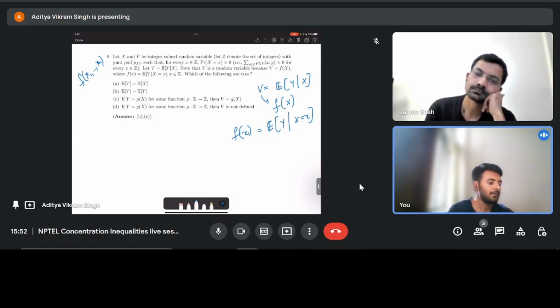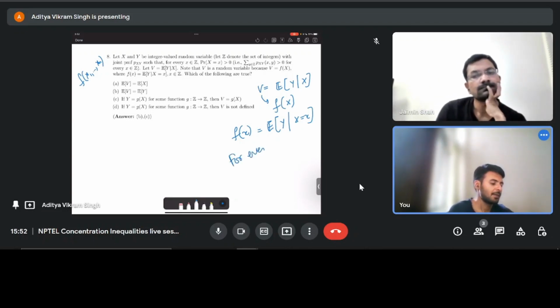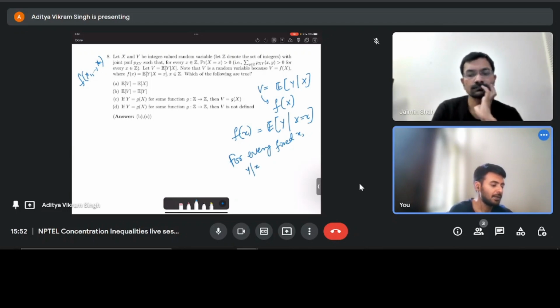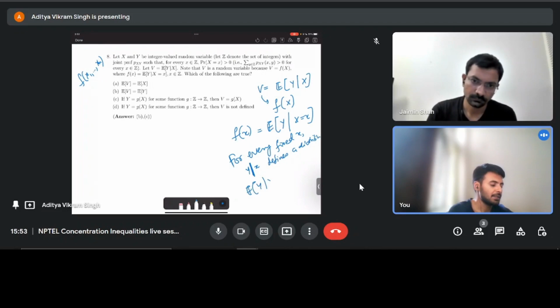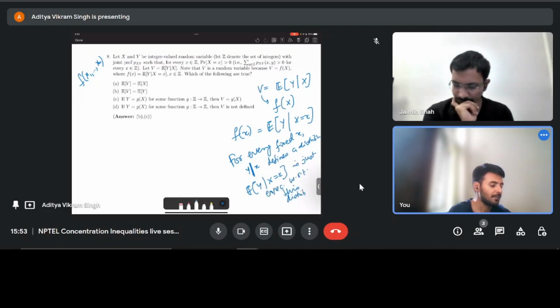Another way to interpret this is that for every fixed x, you have a distribution on y given x, so this defines a distribution, and the expectation of y given x equals x is just the expectation with respect to this distribution.